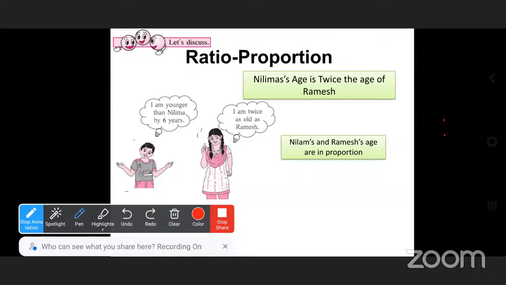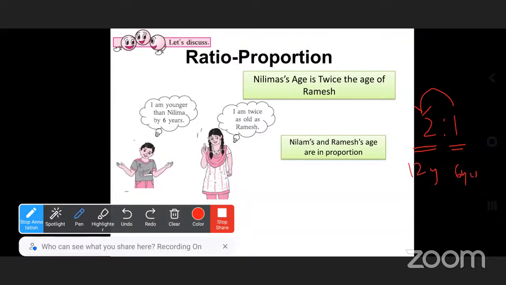So 2:1 means that if the age of Ramesh is 6 years, then the age of Nilima will be double that, which is 12 years.